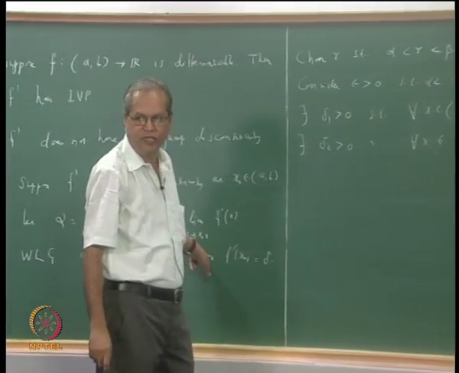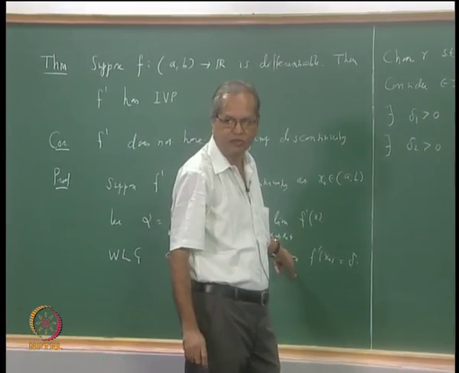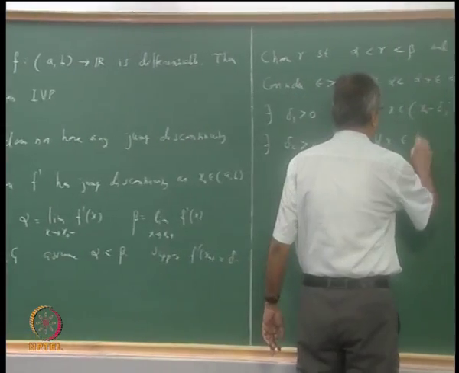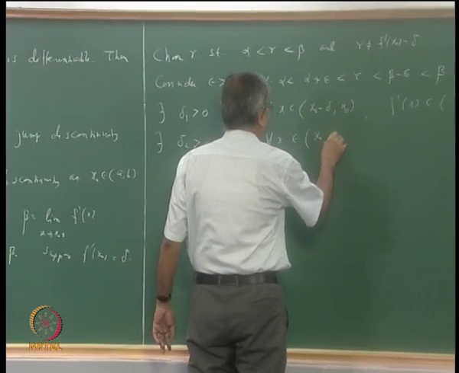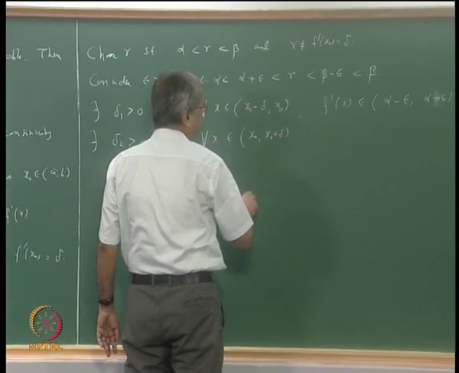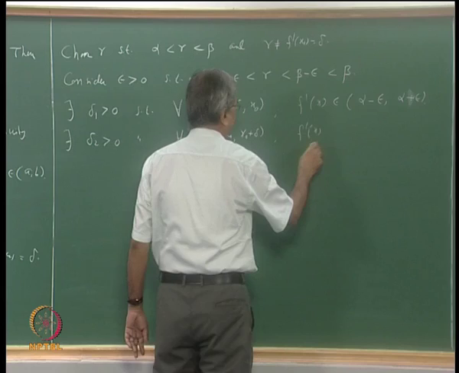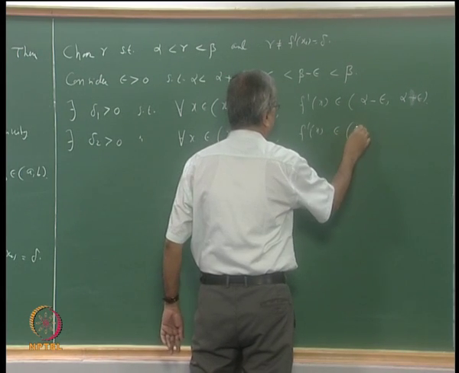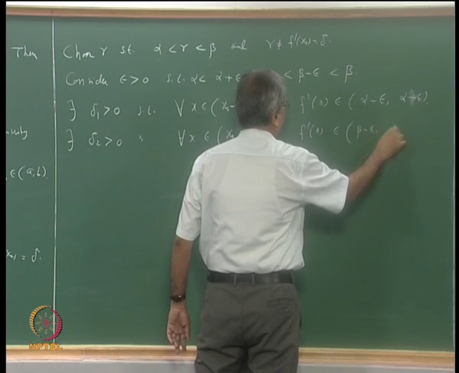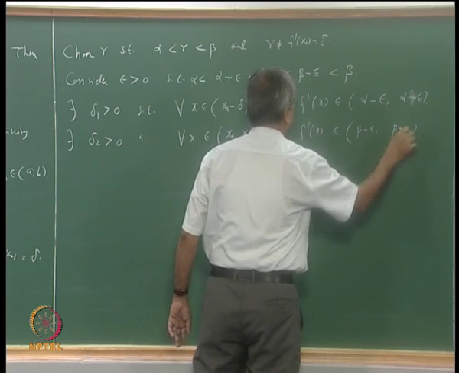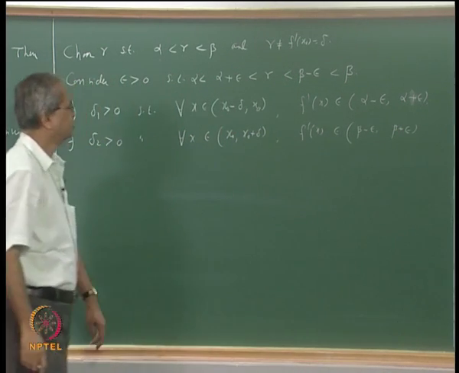For every x in x naught to x naught plus delta, what should happen? F prime x should belong to beta minus epsilon to beta plus epsilon.